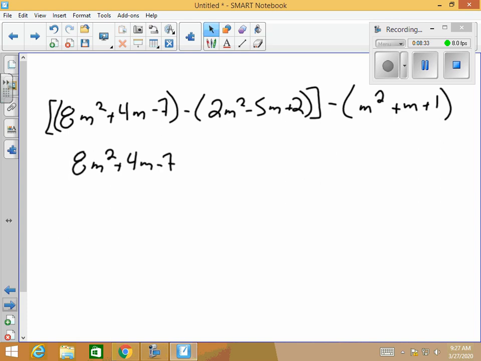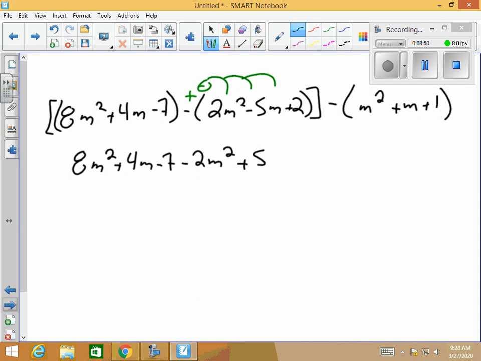However, this second set of parentheses, this is add the opposite sign, so that negative has to be distributed to each and every one of those next terms, so we actually do get a minus 2m squared. Negative times that negative being distributed is a positive 5m, and a positive times that negative being distributed is a negative 2. And that keeps us in these brackets, right?